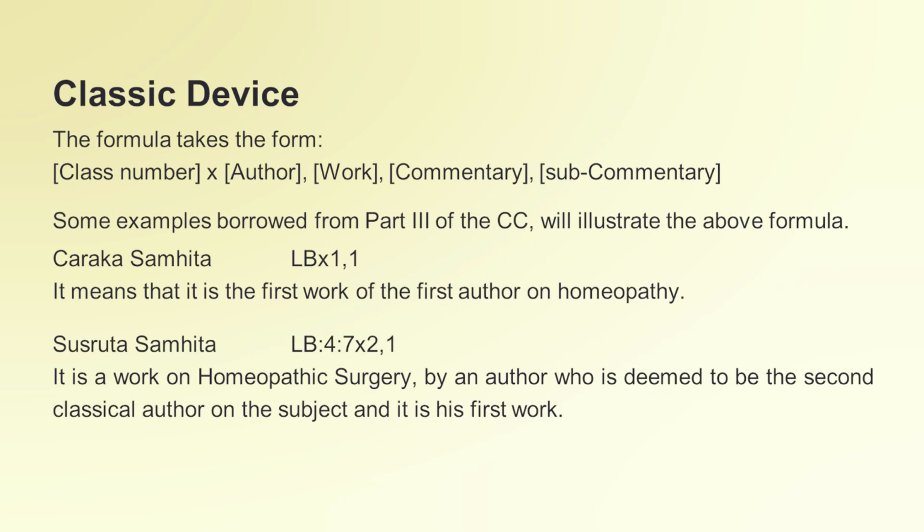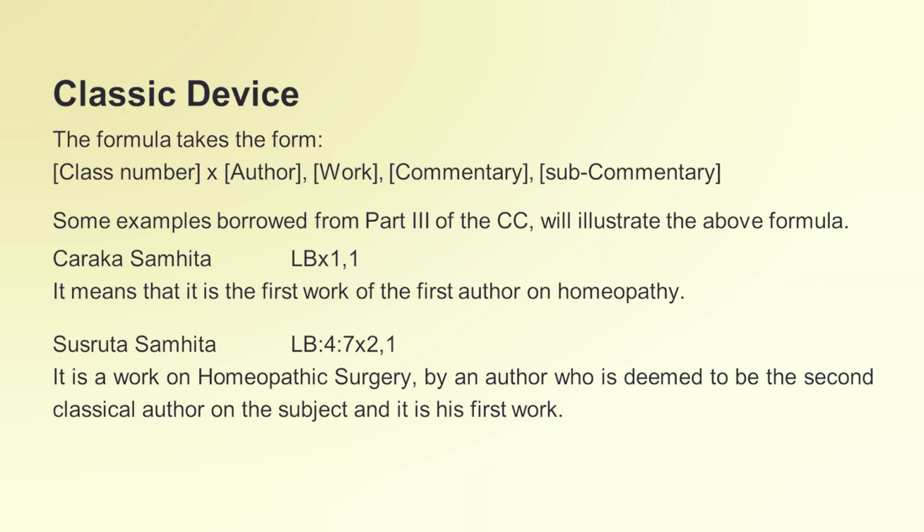Taken together, the formula for classic device may be presented as class number of the main class up to its extent, then small x for classic as classic device, then comes author facet, work facet, commentary, sub-commentary, etc., all separated by comma after the small x as the notation of classic device.